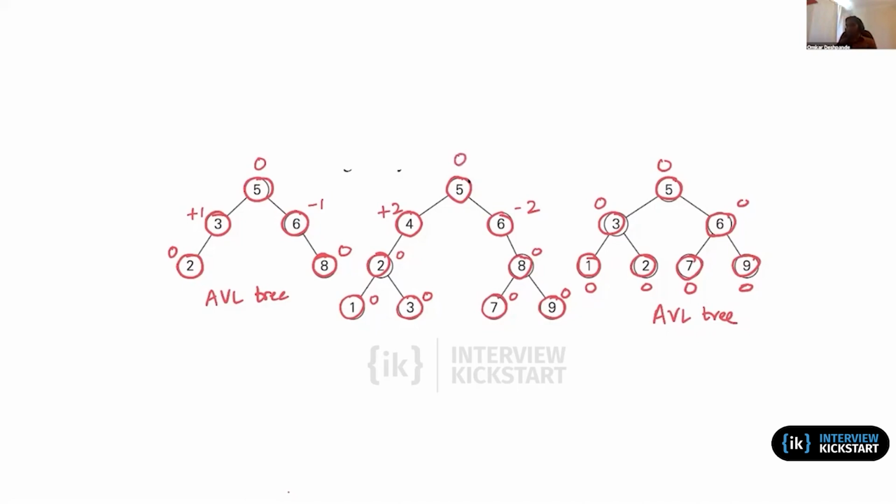Now this tree has two nodes that are imbalanced or unbalanced. For that reason, it's not an AVL tree, because every single node has to have a balance factor with a modulus value of less than or equal to 1.